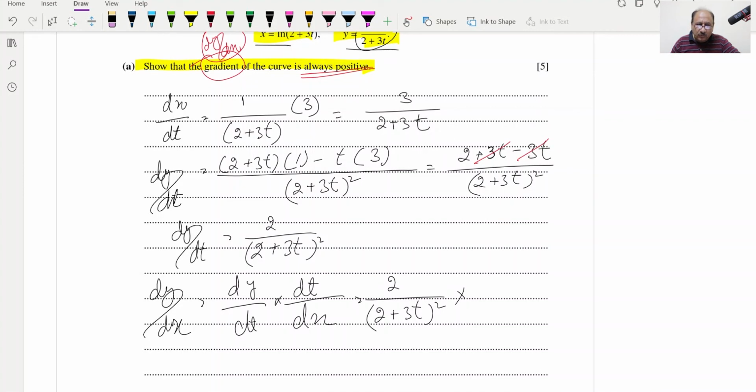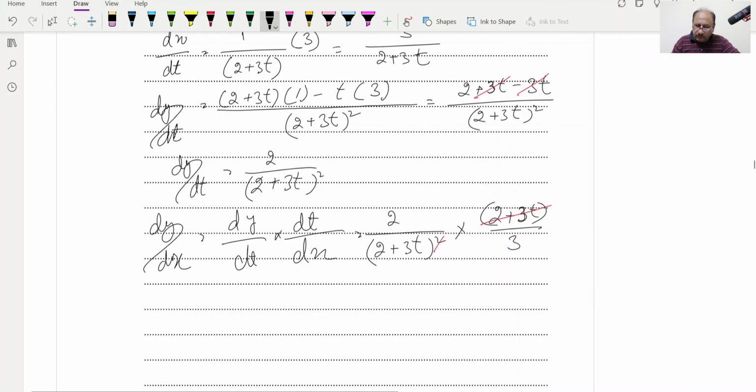So dt over dx will be what? This will be 2 plus 3t over 3. Now this value will be cancelled with the square, and the remaining value will be what? The remaining value will be 2 over 3 of (2 plus 3t).